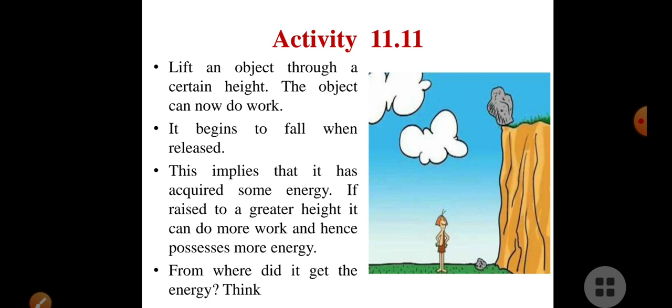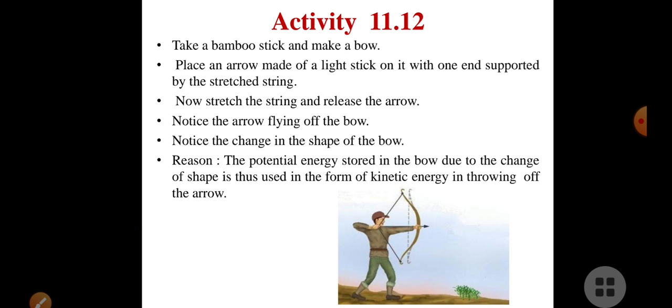So that brick, when taken from the ground floor and placed on the first floor, then work was done on that brick, and that work was stored in the form of potential energy, that is gravitational potential energy in that brick, and that's why it can do work. So in this way you have to read these activities from your NCERT carefully.